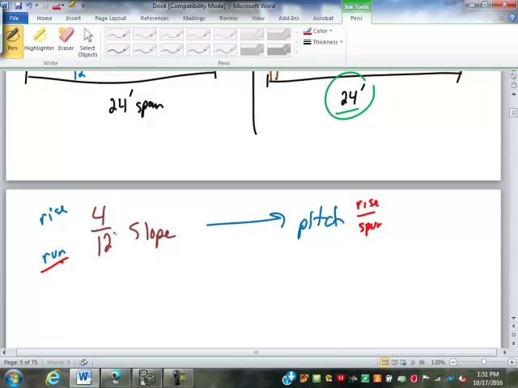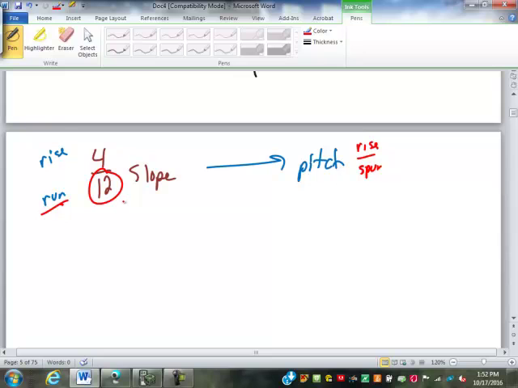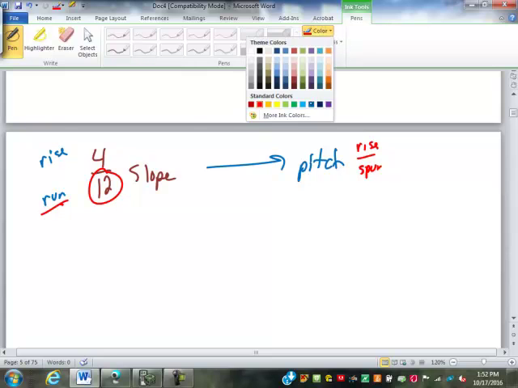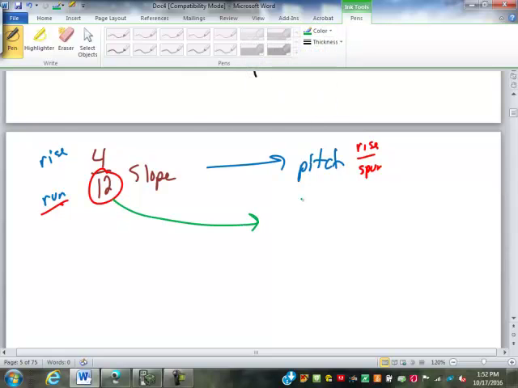So you double the run. If the 12 represents the run, what am I going to do to turn that into a span? Well, you're 24. So to turn a 4/12 slope into a pitch, I make it 4 over what's double of 12? 24. Then I can reduce that. What does that fraction reduce to? Perfect. It's a 1/6 pitch.